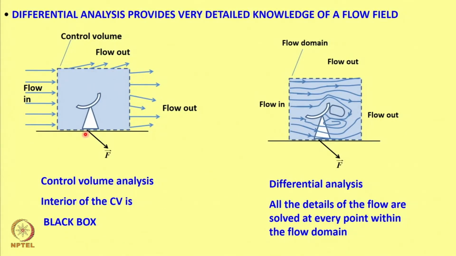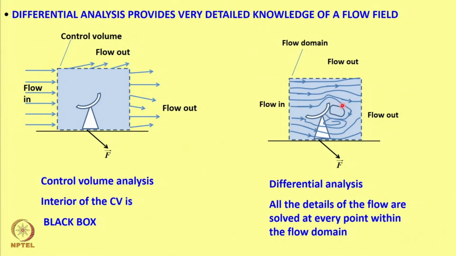In the control volume, what is happening inside the control volume is a black box. So we don't care about what happens inside. We only worry about what is getting in and getting out. But unlike the control volume approach, in the differential analysis, we take up the complete flow domain. For example, this is a blade. What is happening to the velocity? What is happening to the pressure?